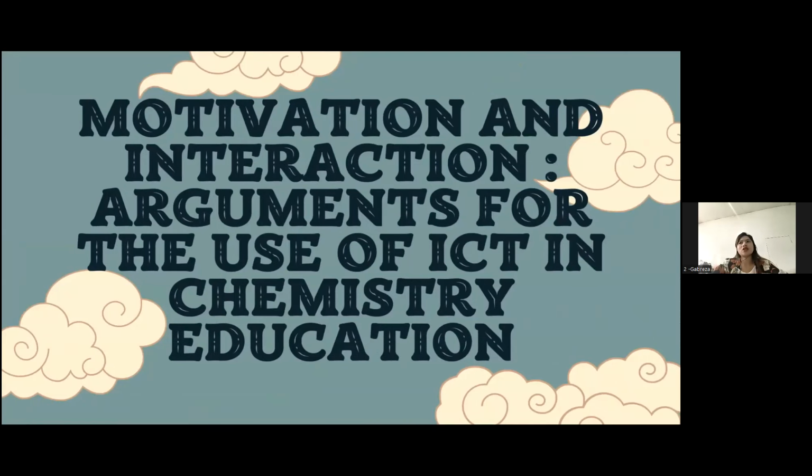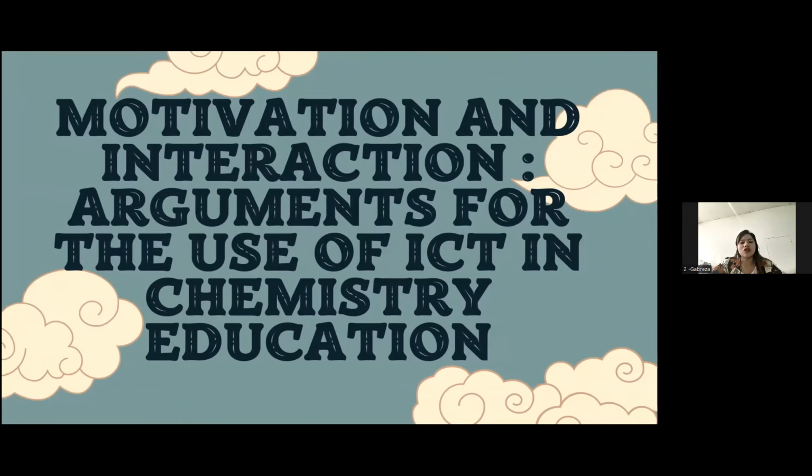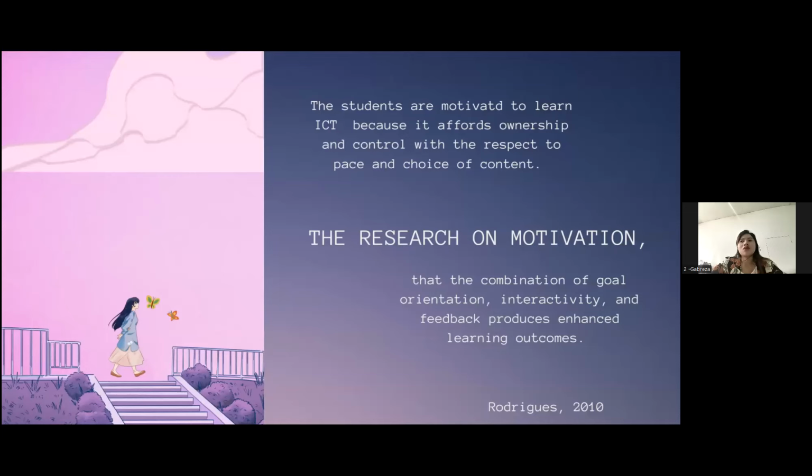Motivation and interaction, arguments for the use of ICT in chemistry education. The students are motivated to learn ICT because it affords ownership and control with respect to pace and choice of content. The research on motivation shows that the combination of goal orientation, interactivity, and feedback produces enhanced learning outcomes.